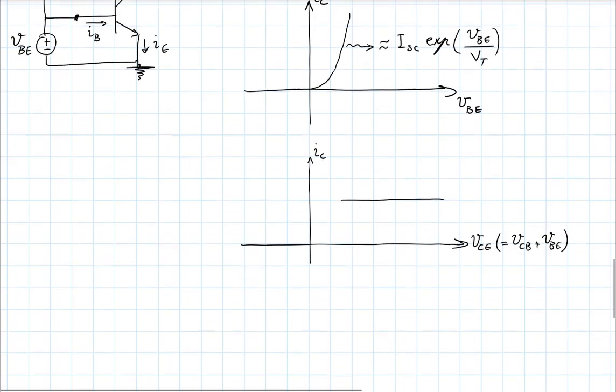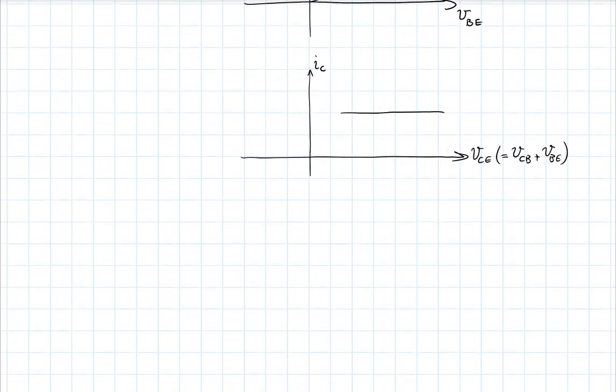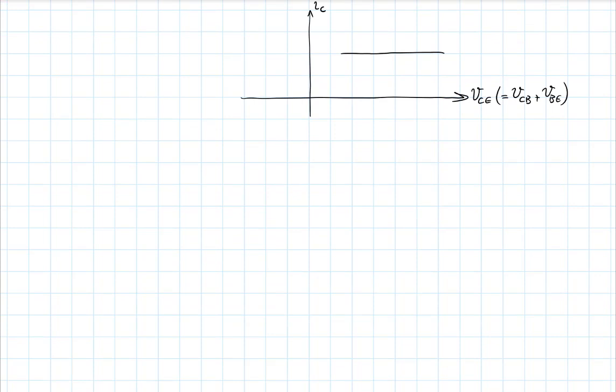Okay? So now imagine if this is approximately 0.7 volts, and this is greater than approximately minus 0.4 volts. The sum VCE is approximately greater than 0.3 volts or so.